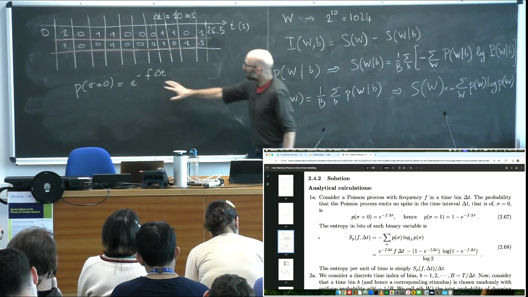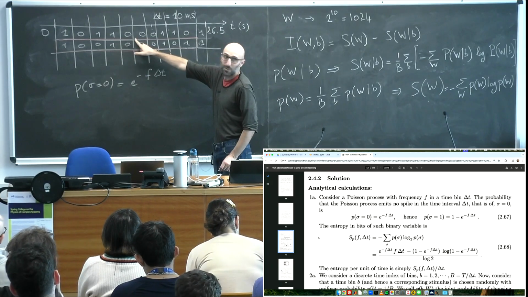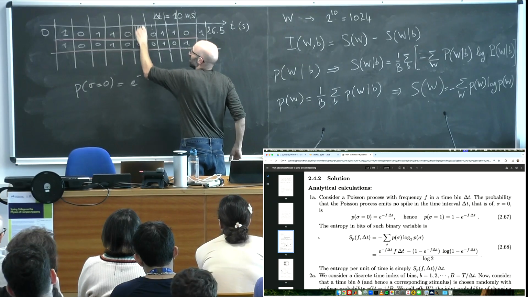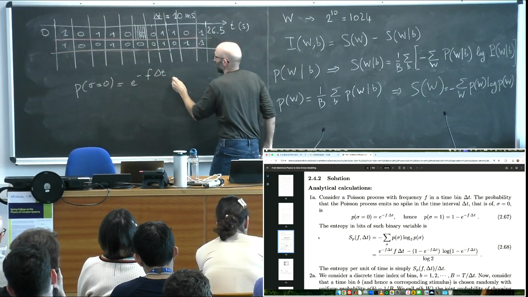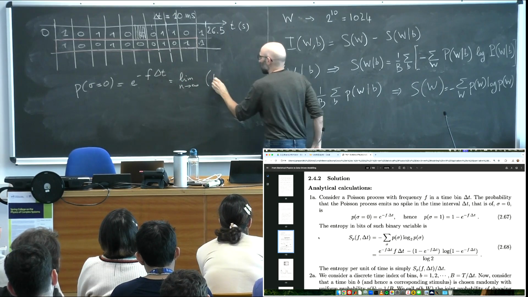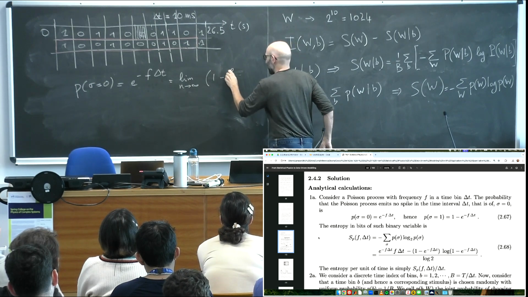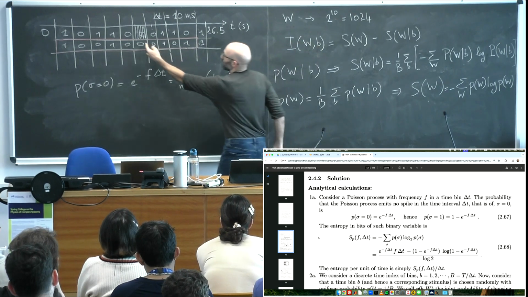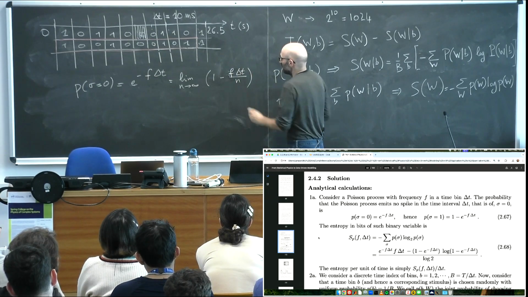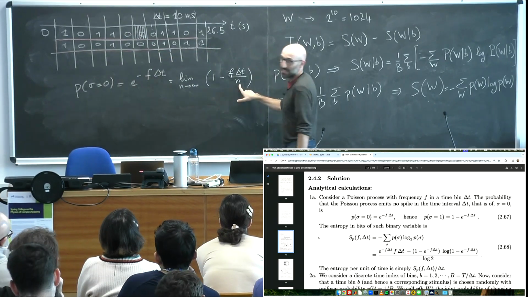And you get this by saying, okay, the probability of being inactive is the product of the probability of being inactive in each. You divide this in many small intervals. Each of these is going to be basically 1 minus the probability of being active in each of the small intervals, which is f delta t over n, because I'm dividing this delta t in many smaller intervals that I send to 0.